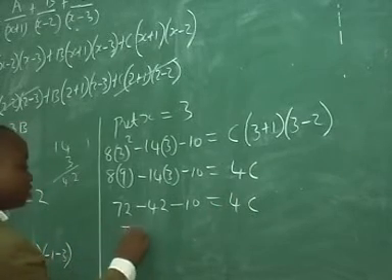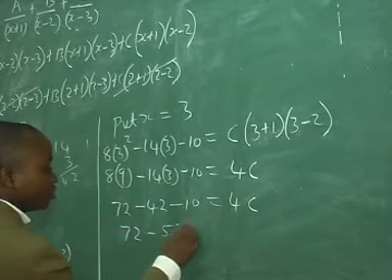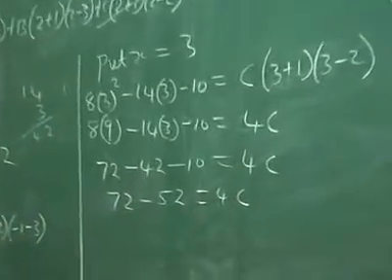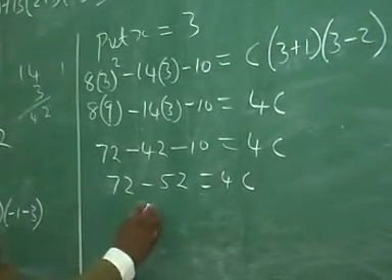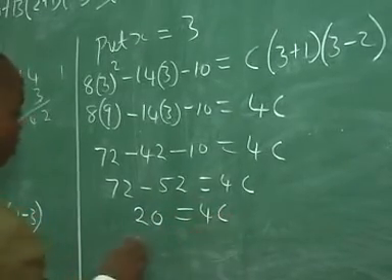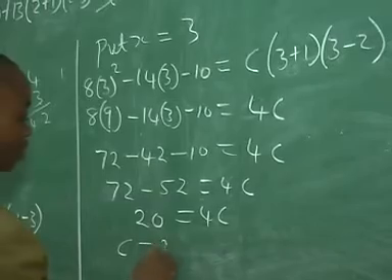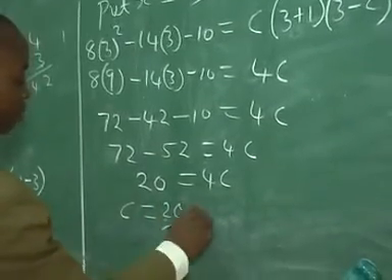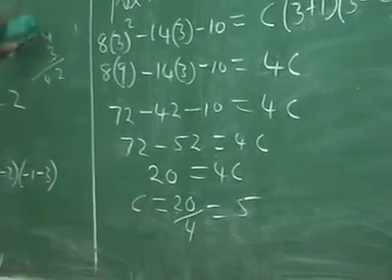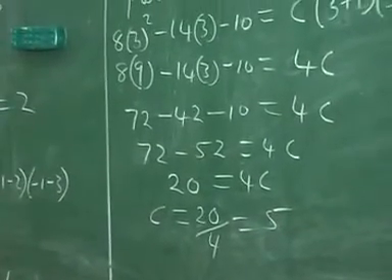So we have 72 minus 52 is equal to 4c. And 72 minus 52 will give us 20. 20 will be equal to 4c, which means c is equal to 20 divided by 4, which is 5. So c is 5.